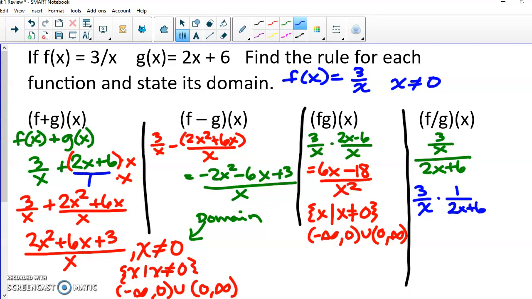And so when we simplify that, now when we're looking at this denominator, we have a denominator that has a little bit more than just an x or an x squared.